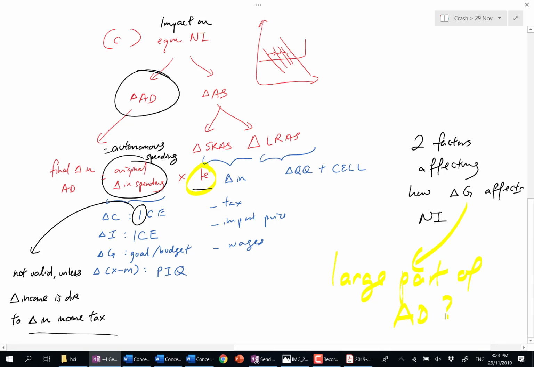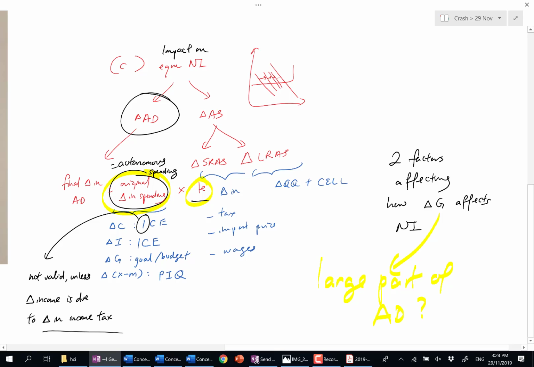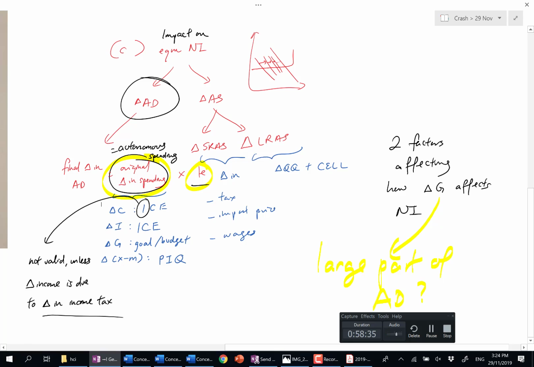Because if G is a substantial portion of AD, or you could just say, how much was the increase in G? So you can look at both the change in spending and the size of the multiplier. Okay, is that confusing? Yeah? Okay, but if you break down this dartboard and you use it consistently for what's to come in the subsequent months and year, you will find that the more you use it, the more well-versed you are. Okay, so if you can take this down if you want to, you can take it down.